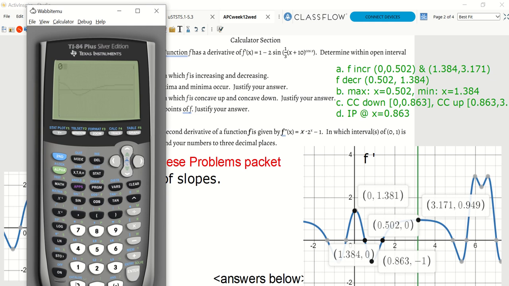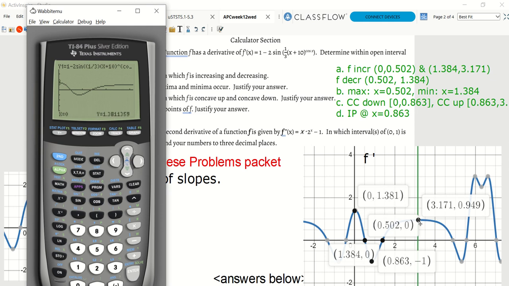There's a way to enter in 0 here. Oh, I got it. My bad. You hit trace, and then we know the x coordinate is 0, so let's see what it spits out at 0. 1.381, and that's what we got here.